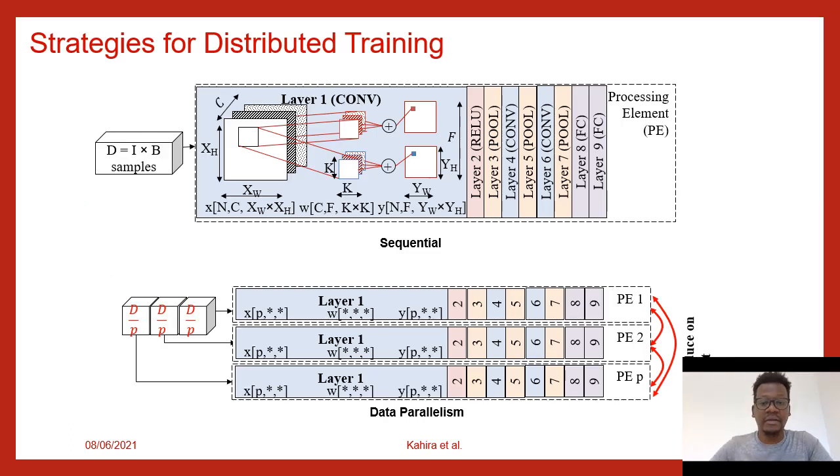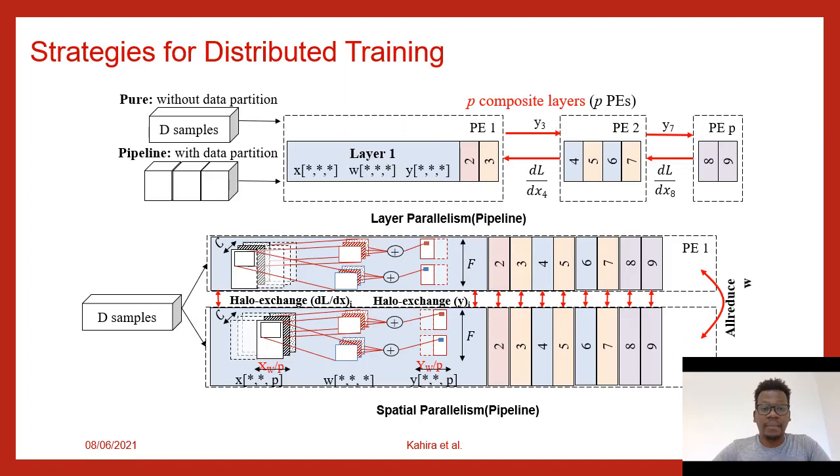So these are the graphical representations of the different parallelism strategies. Like I mentioned, in data parallelism the entire data is divided into the number of processing elements available, and then we have an all-reduce collective at the end of each iteration, right? For layer parallelism, a set of layers is split according to the number of processing elements available, and we can have, for example, the first 3 layers in one processing element and another set of layers in another one, etc. And then we have this communication to pass the activations from one processing element to the next one.